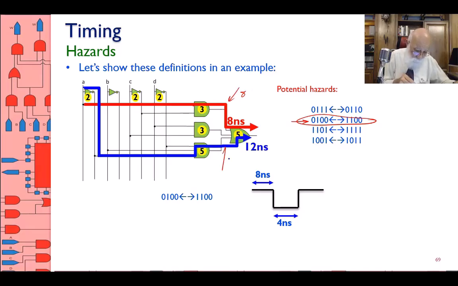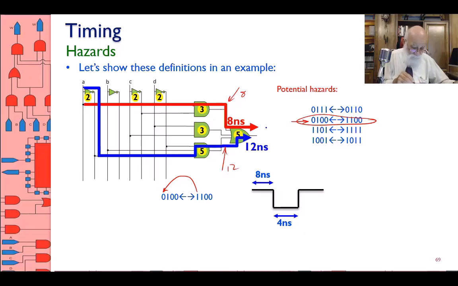A0 has this lower path, 12 nanoseconds. When you change from a path with the smaller delay to a larger delay, you get a hazard, and therefore you have A from the smaller delay, 1 to 0.